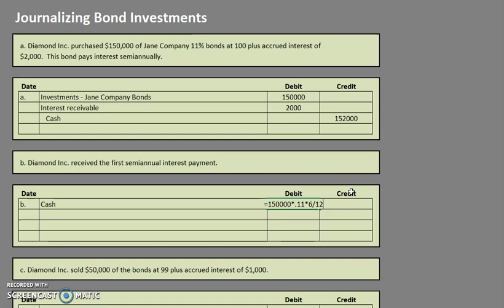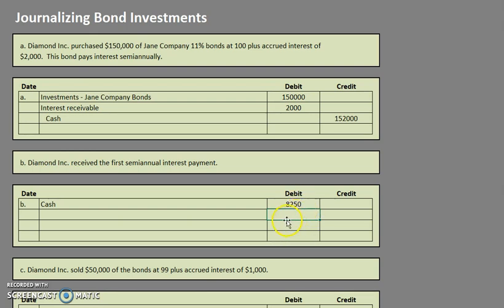Now keep in mind for this formula, instead of multiplying it by 6 divided by 12, you could have also just divided your result for 150,000 times 0.11 by 2. Either way, you end up getting $8,250. So again, if I just divide that result by 2, it still gives us the same thing. So we're still talking about half of a year, 6 months.